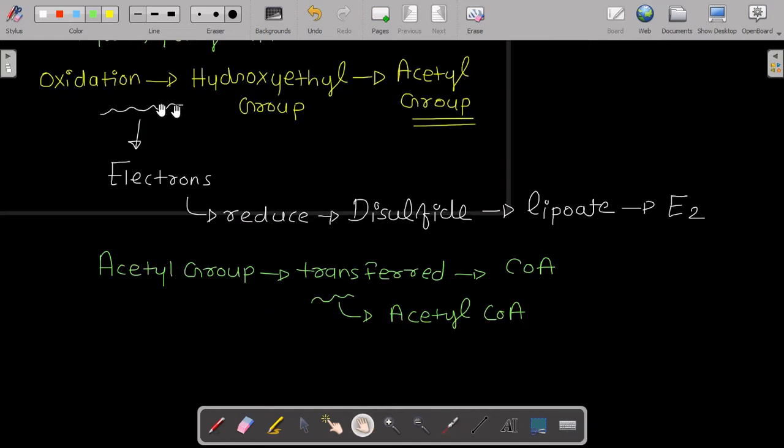Now the oxidation of this hydroxyethyl group releases electrons, and these electrons then reduce the disulfide of lipoate bound to E2. Okay, E2 has lipoate, that lipoate has a disulfide, and that disulfide is reduced by the electrons which are released by the oxidation of the hydroxyethyl group, and after this the acetyl group is transferred to coenzyme A, and that results in the formation of acetyl coenzyme A.